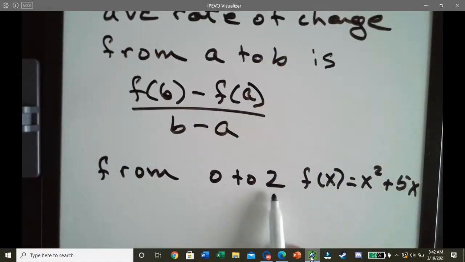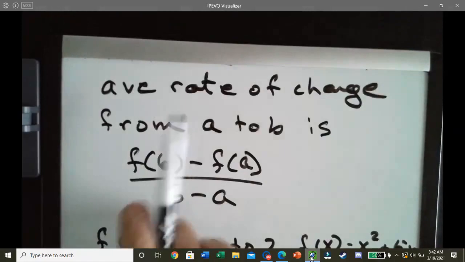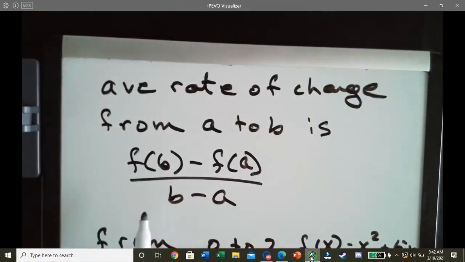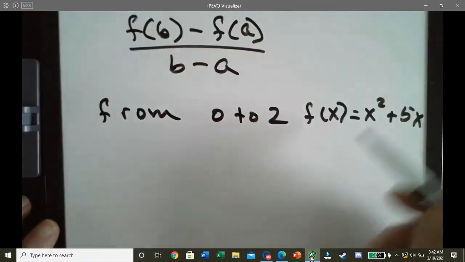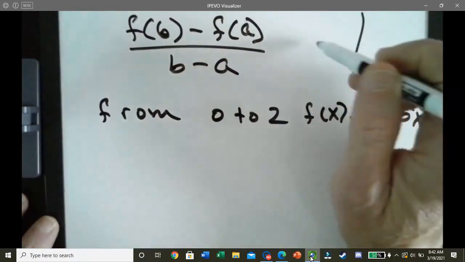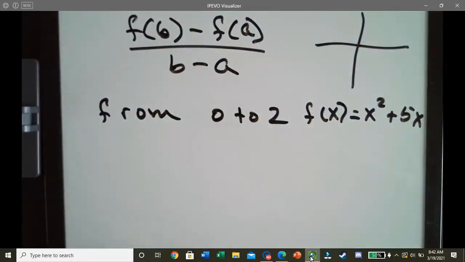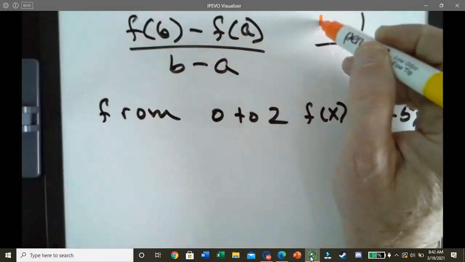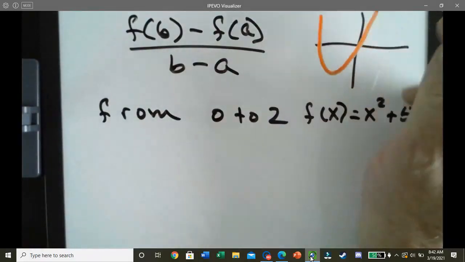So what you have to do is, all this really is, the average rate of change is really nothing more than slope. If you were to graph this, it's going to look something like this, right?